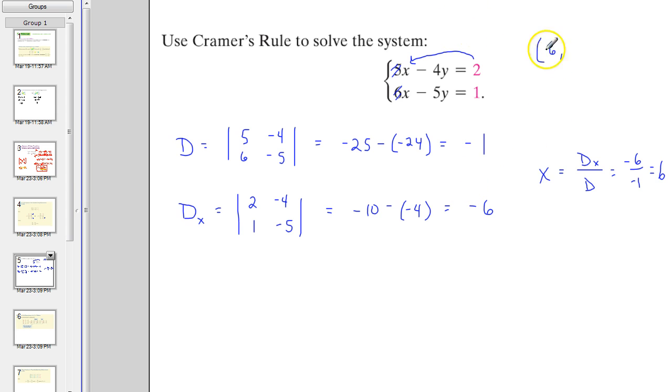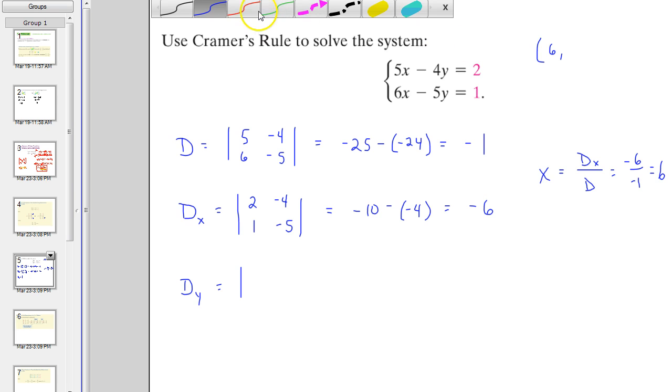I can plug that 6 in and solve for y, but I also can go ahead and complete Cramer's rule, do y. So make the matrix for y by going back now. 5 and 6 are back. We're going to replace the y, so we replace the -4 and -5 with 2 and 1 now.